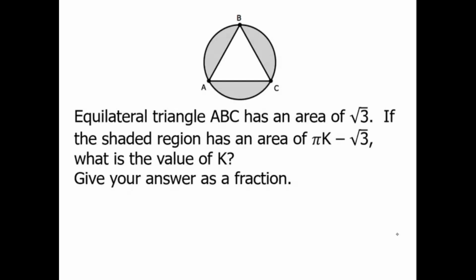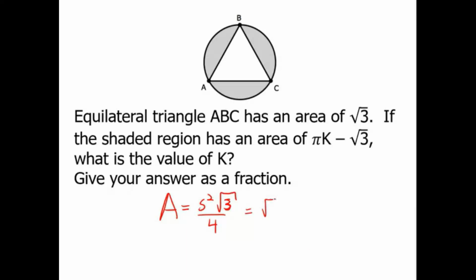Well, the first thing we need to do is find the side of the equilateral triangle. And here it's helpful to know the formula for the area of an equilateral triangle. If s is the side, then the area is s squared root 3 over 4.